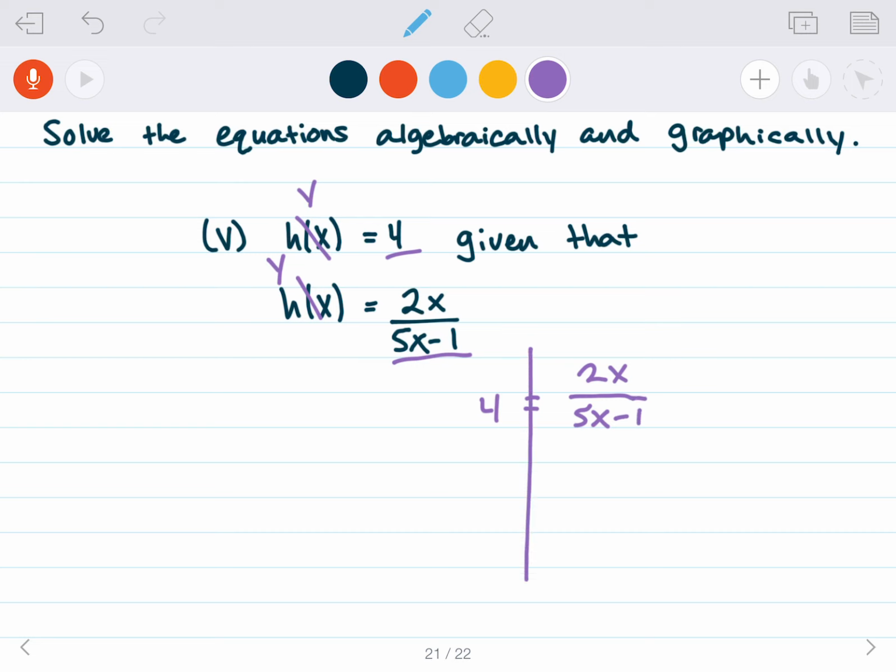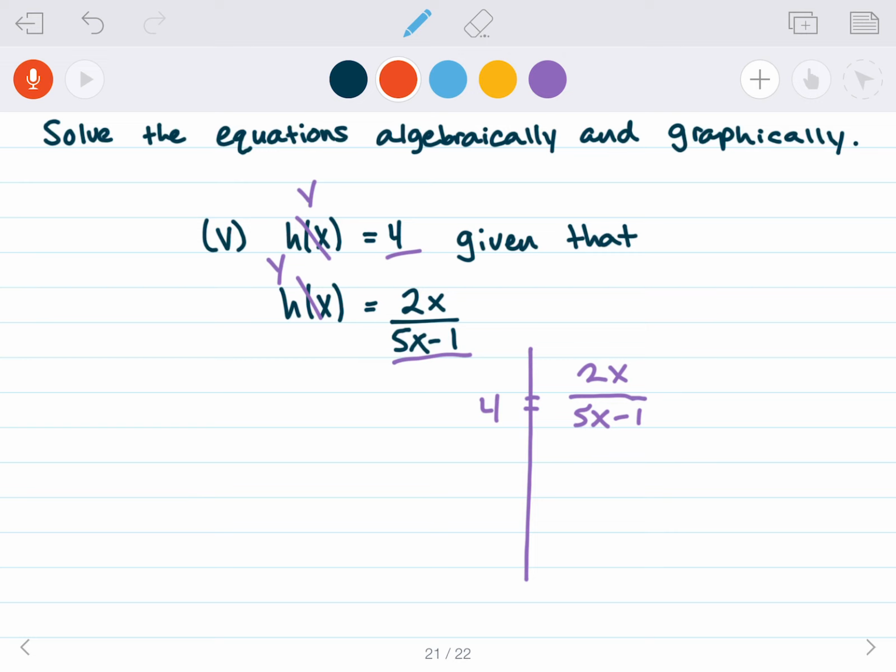And if we look at our equation, the right side isn't quite linear yet. It's a rational function, meaning we have a variable in the denominator. But what we can do is multiply both sides by the denominator on the right side, just like we did in previous problems.